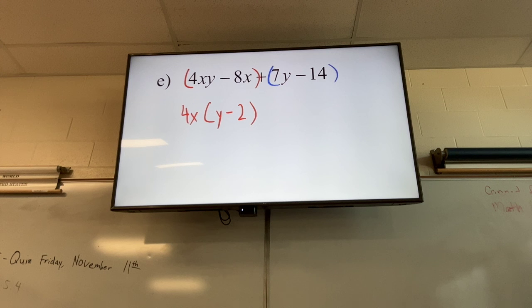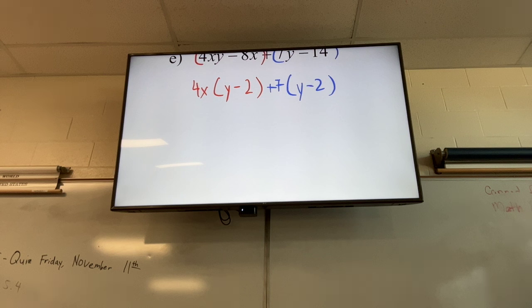And then I write a plus, what do I write outside my blue parentheses? And then what's inside? And what's my final result? 4x plus 7, right? Times y minus 2. Good job.